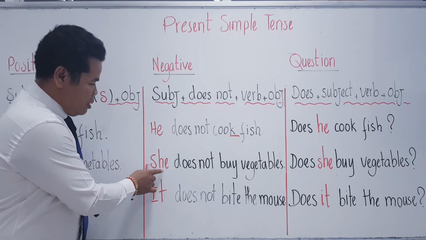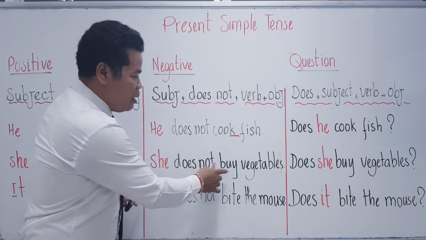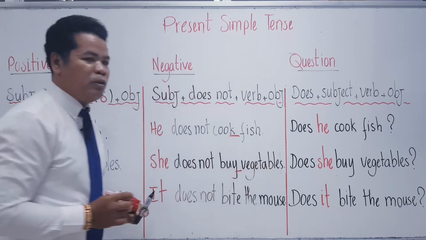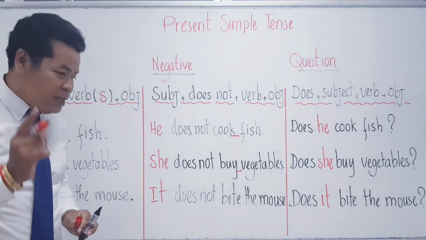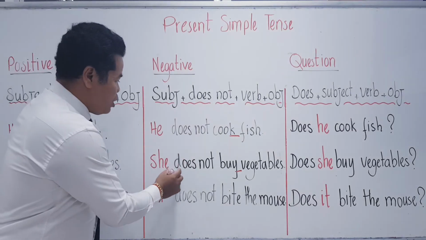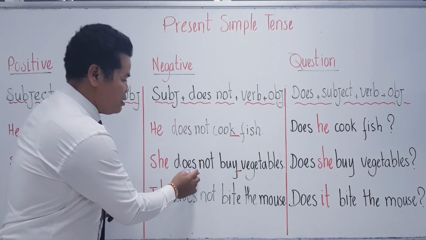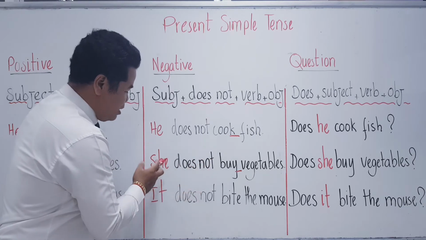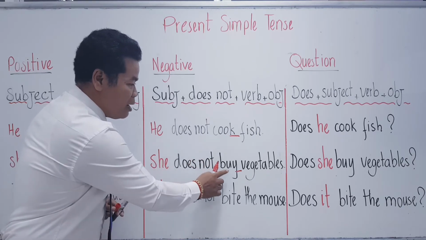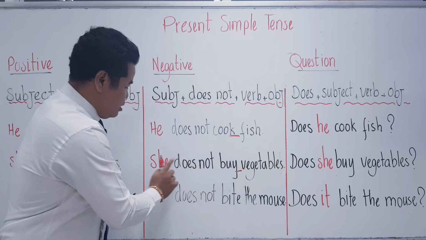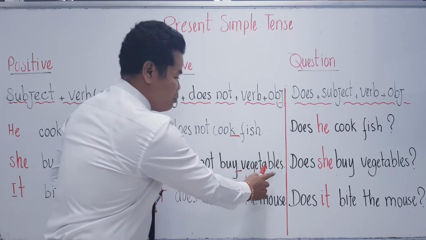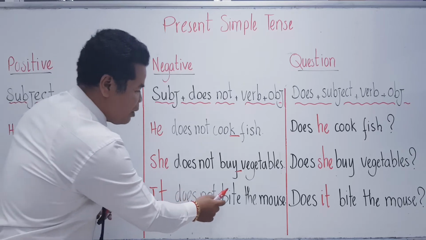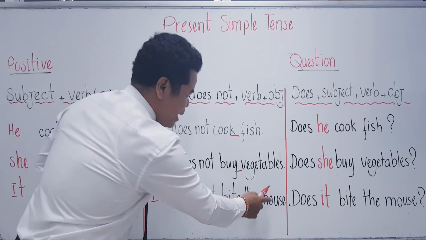Another one. She does not buy vegetables. There is no S at the end of the word buy. The reason is you don't use the positive sentence, you use the negative sentence. That's why we have she does not. So buy, no S. She does not buy vegetables. It does not bite the mouse.